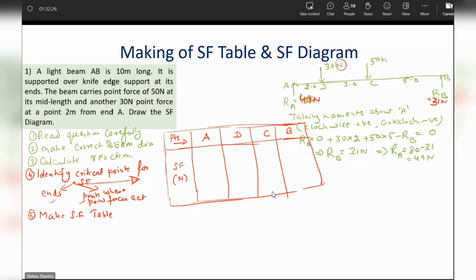Wherever you have the point forces, I'm not saying point load, I said point forces, whether upward or downward, at all the points where you have the point forces, the cells need to be divided into two. Look at the diagram. Out of these 4 points, how many points have the point forces? 4 points. All of them, sir. All of them, very good. So all of them need to be divided.